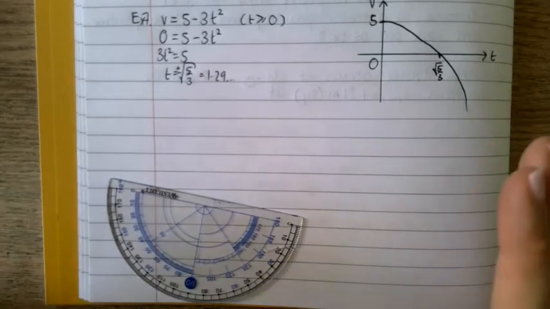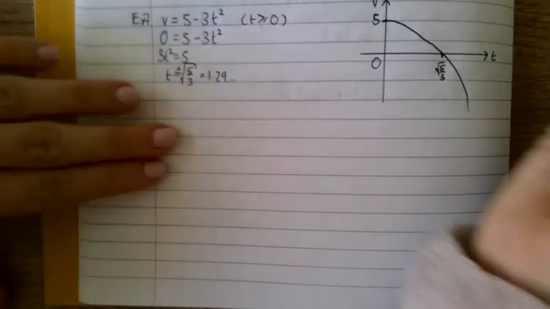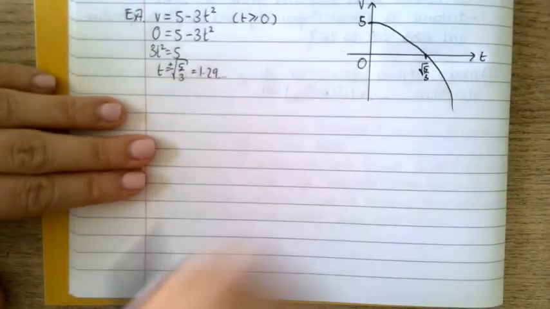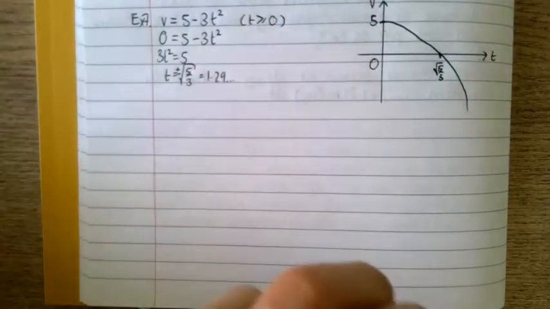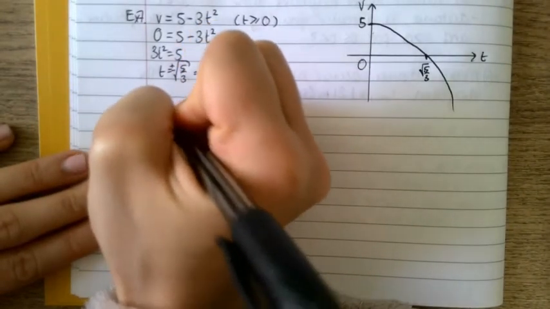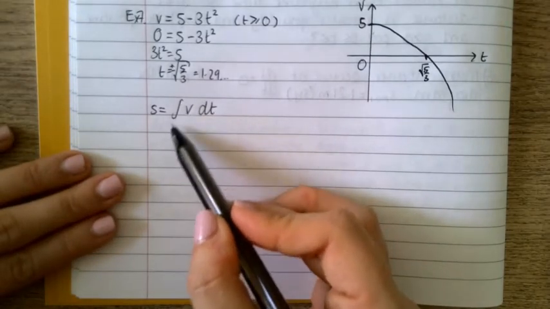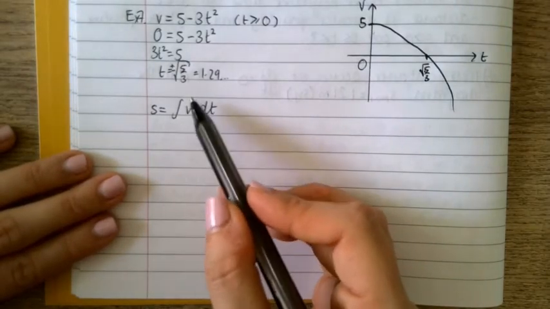So that's the plot. Now, we want to work out the distance travelled by the particle in the 3rd second of motion. Because I want to work out the distance travelled, I'm going to integrate my velocity. And the 3rd second of motion, I just need to make sure I get these limits correct.